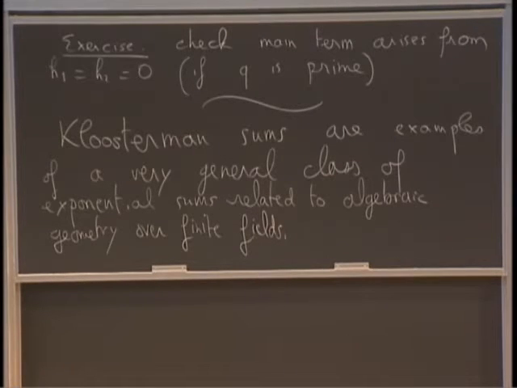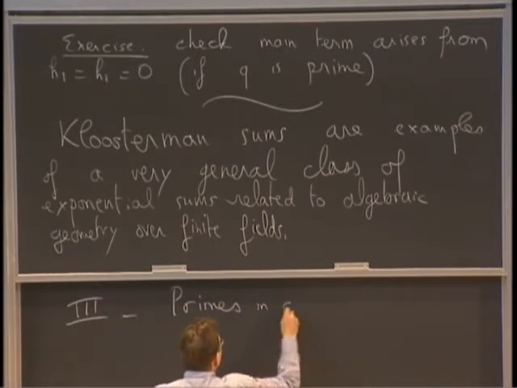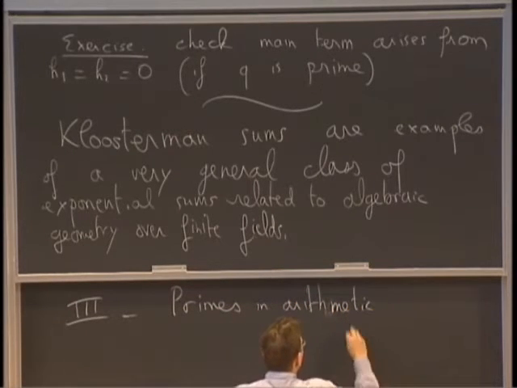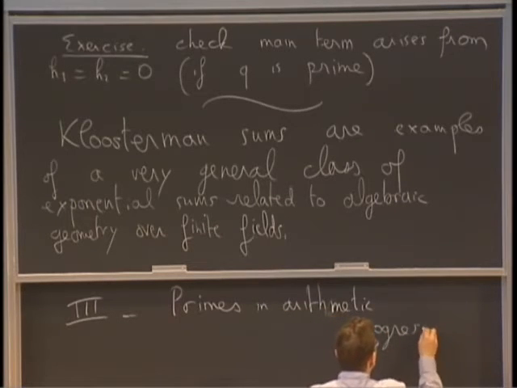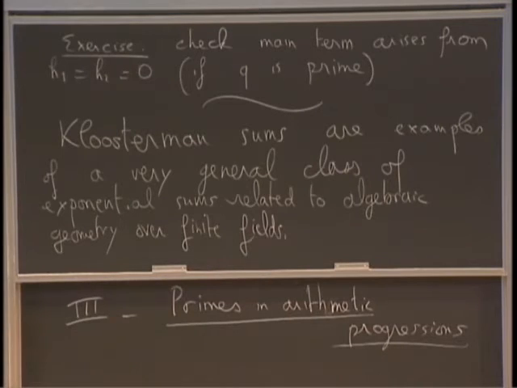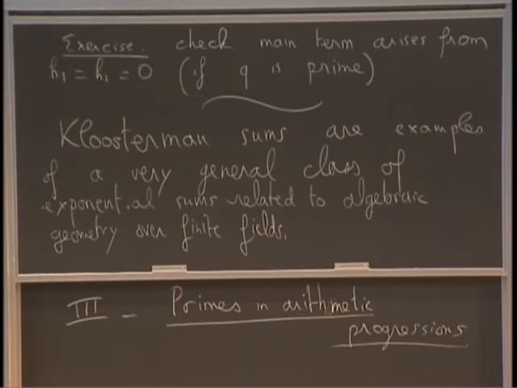Okay, so let's go then to the third section. So it's really now about primes in arithmetic progressions. So it's quite possible that some of the things I'm going to say today will be relatively technical. Actually, they will be relatively technical. It's just the fact that the type of techniques involved in Zhang's proof are quite delicate and complicated.